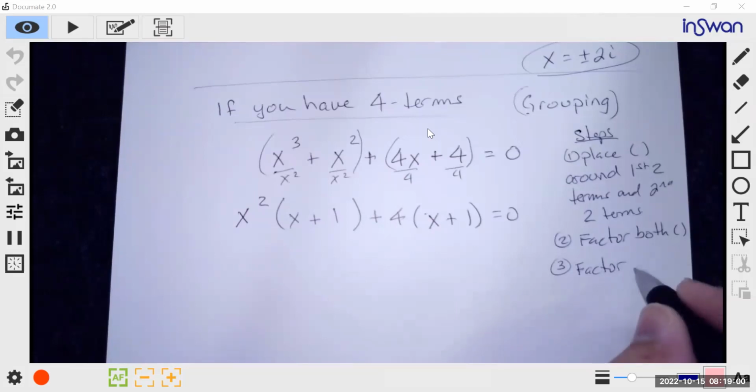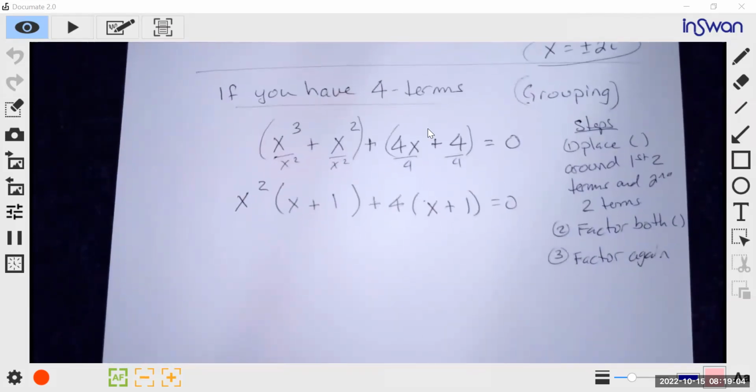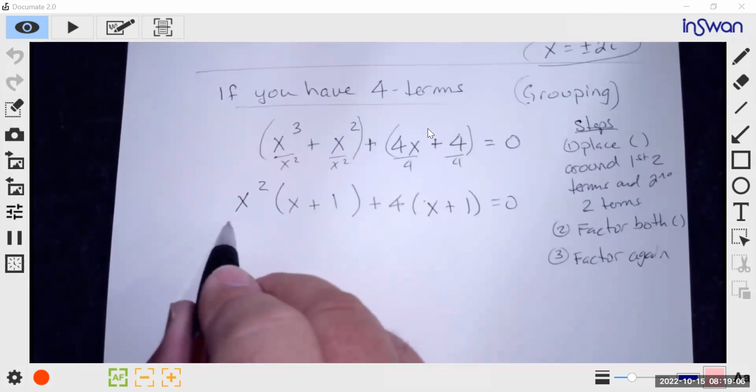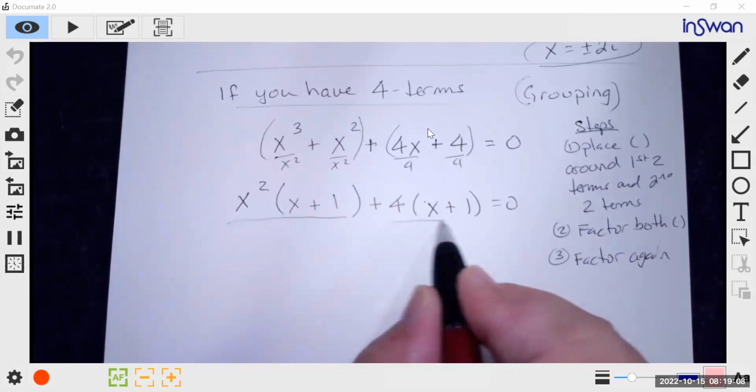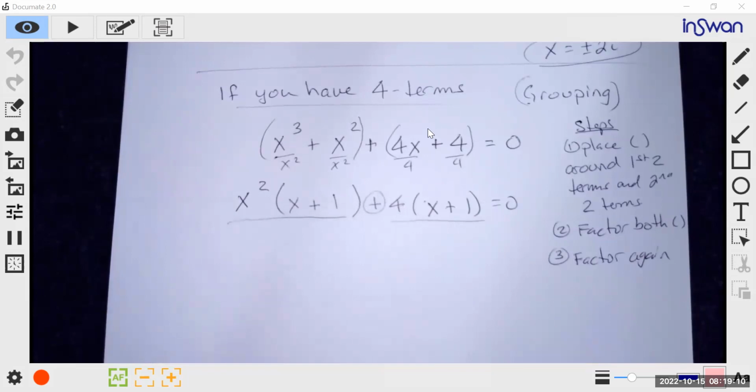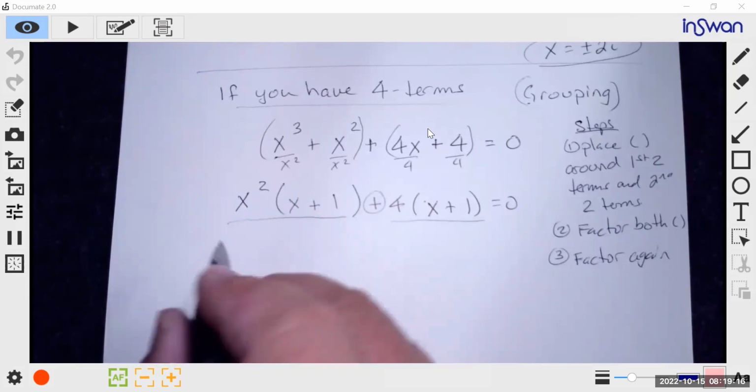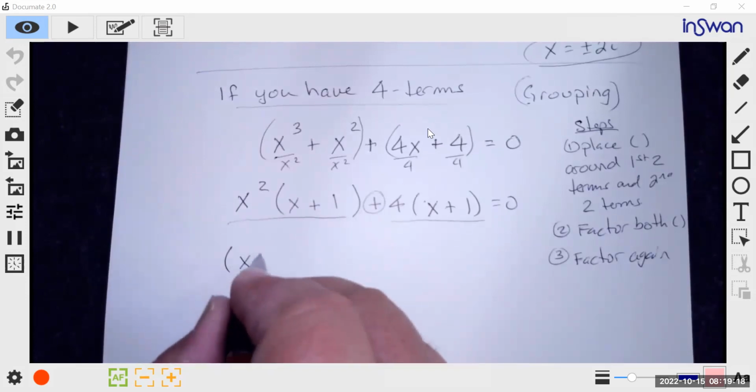Factor again. Because we have two terms. We have one term here, one, but they're separated by a plus. What do they both have in common? They both have an x plus 1.